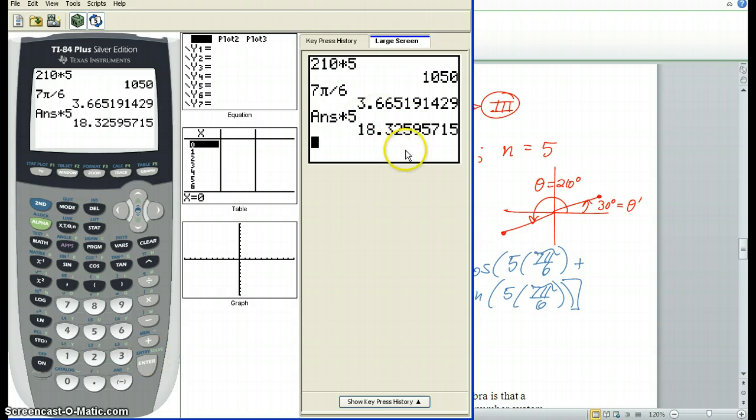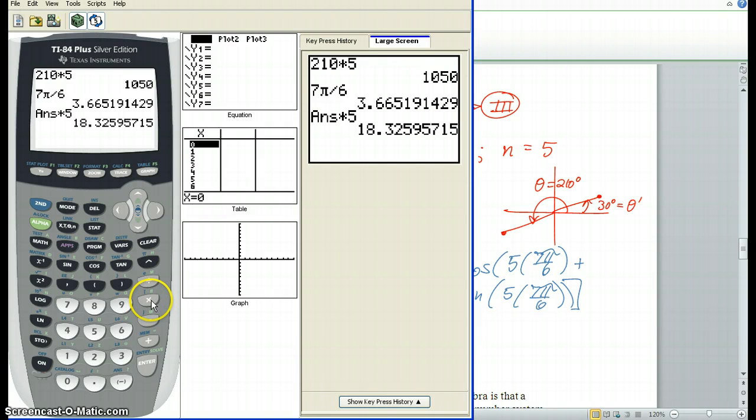So 35 pi over 6 and 1050 degrees. These are the same, it's the same angle, but just this is in degrees and this is in radians. So again, you can do this clearly in both modes. It's just a matter of what the directions call for. In this instance, the answer is going to be the same once you actually take the cosine and sine of this respective value, whether it's degrees or radians.